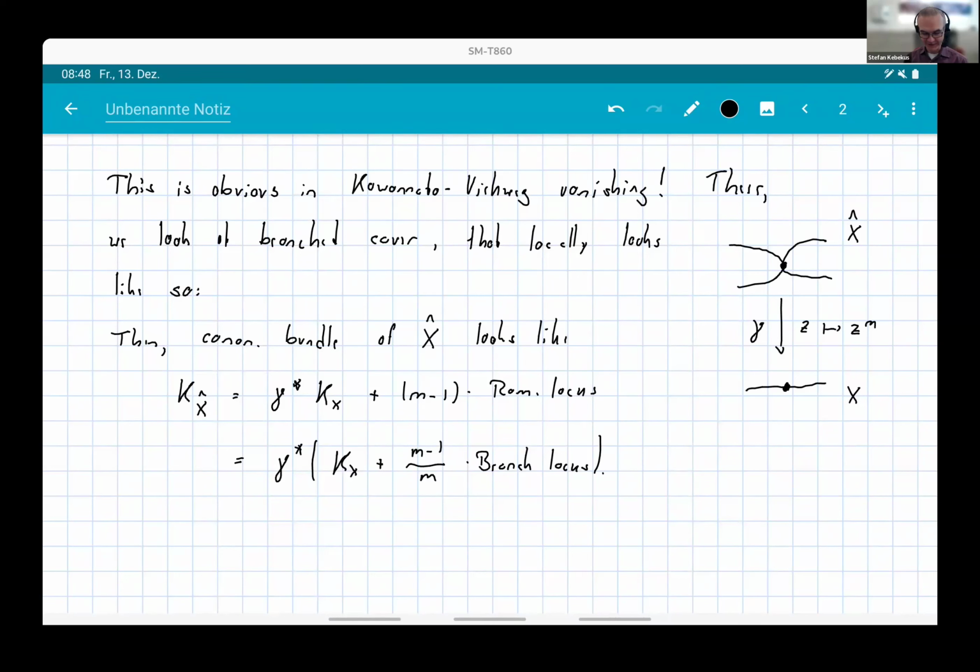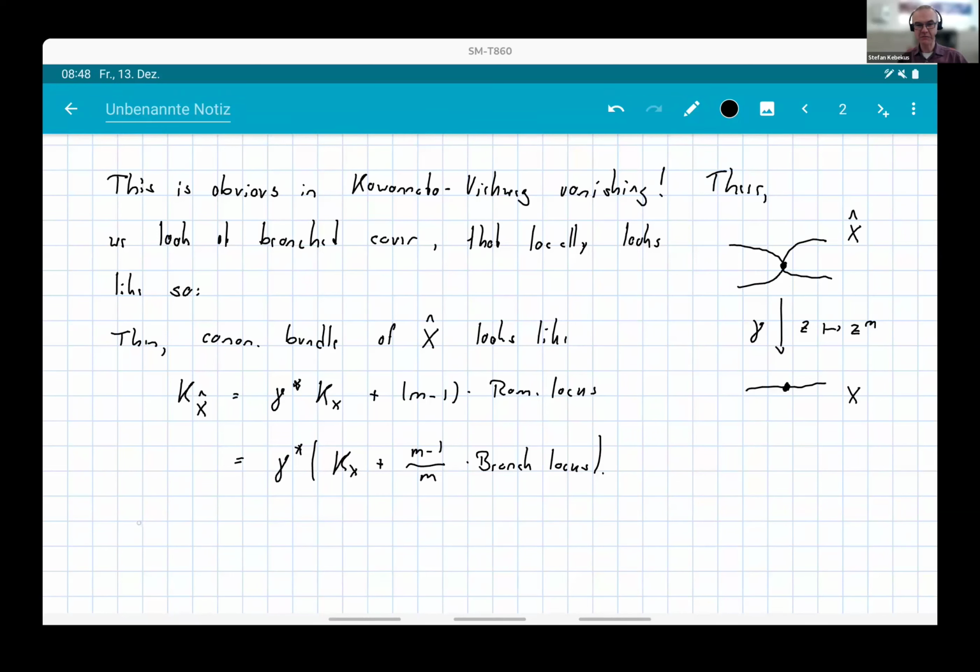The canonical divisor downstairs is twisted with a class that has coefficients that are no longer integers. They're rational numbers or standard coefficients, that is, rational numbers of the form (m minus 1) over m.